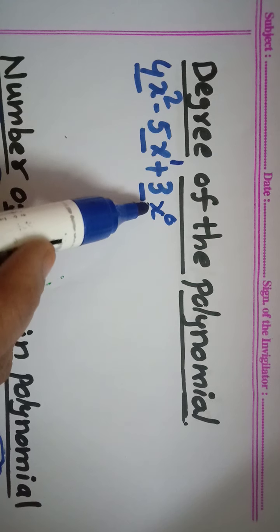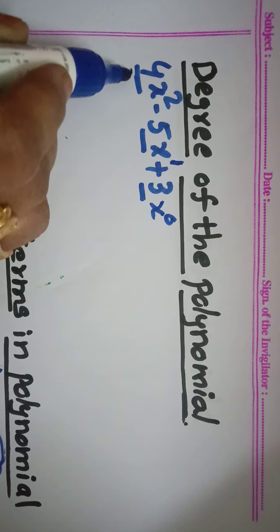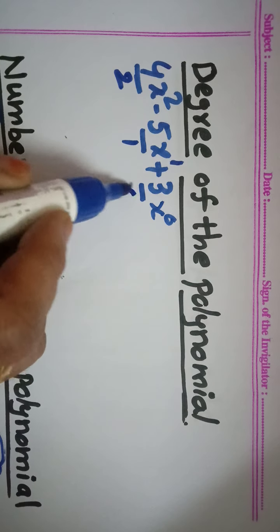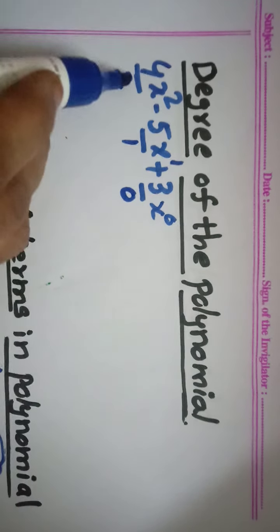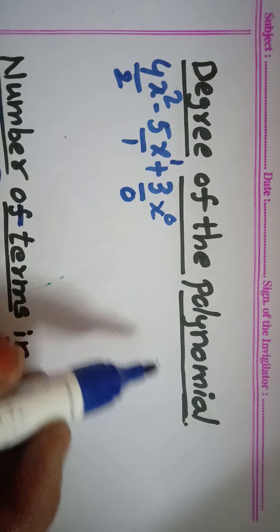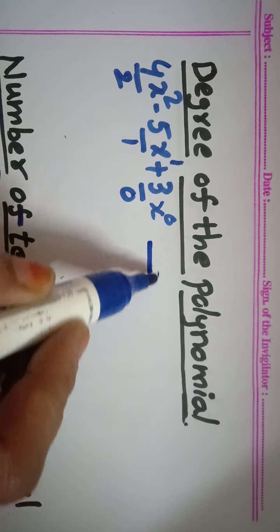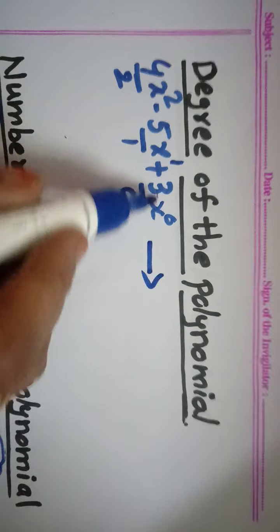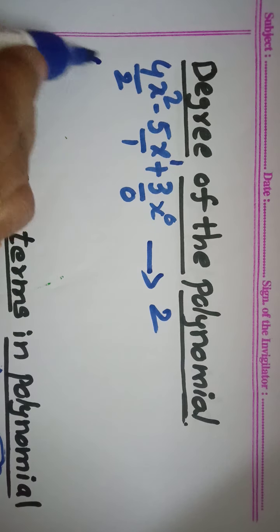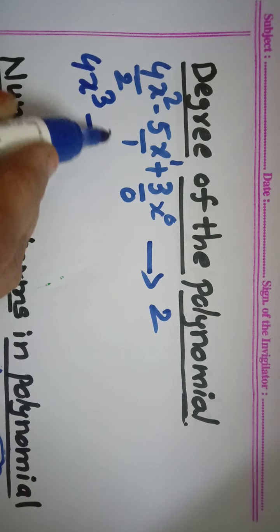So in these 3 terms, here the power is 2, here the power is 1, here the power is 0. The highest power of the variable is called the degree of the polynomial. So here what is the degree of this polynomial? Here the degree is 2. Suppose 4x cube minus 3.